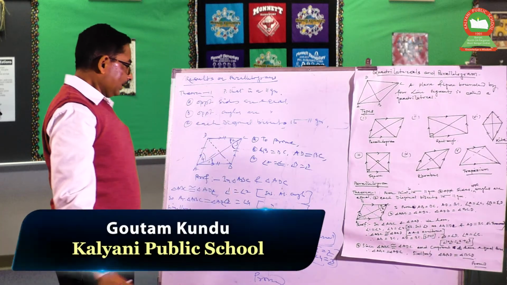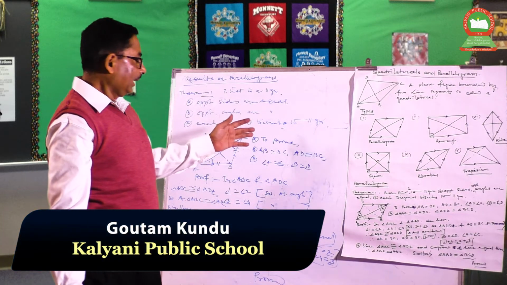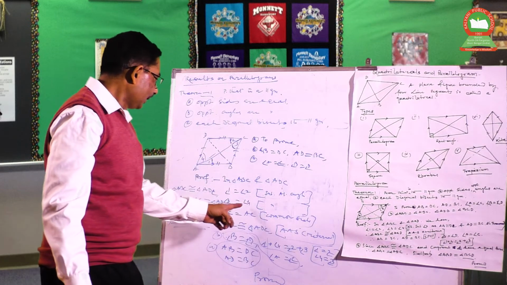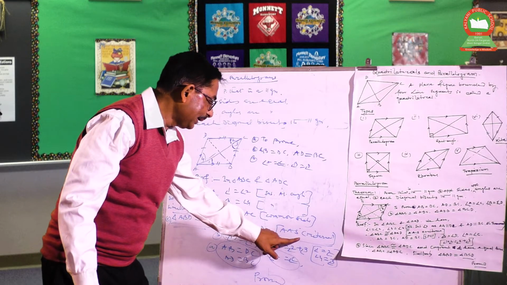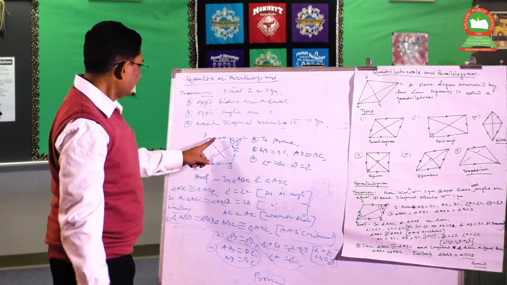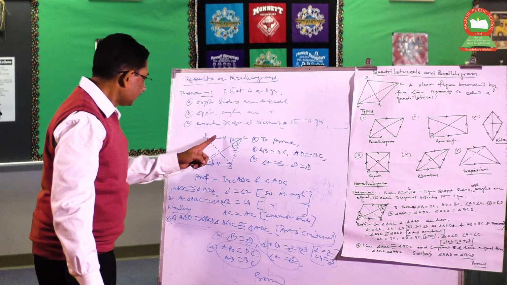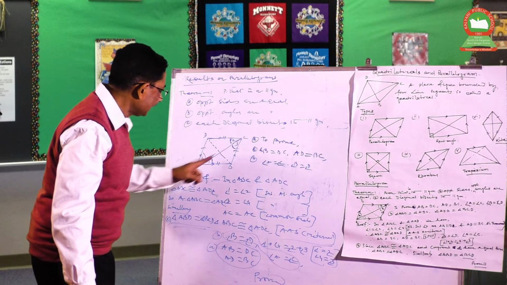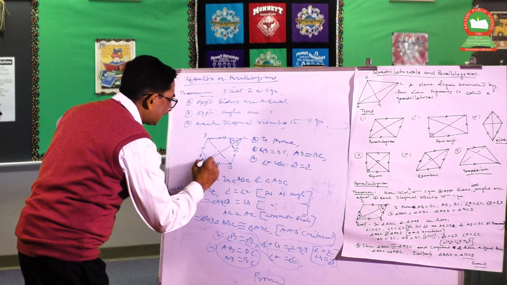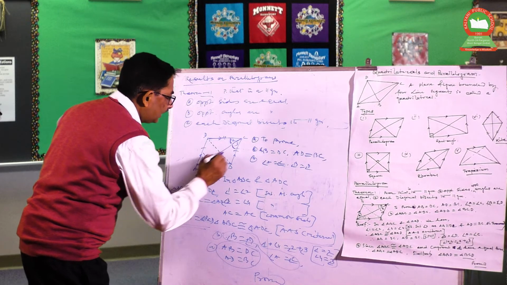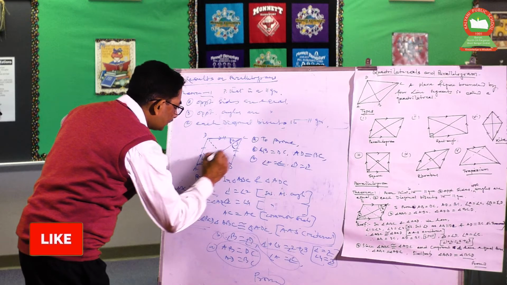So students, if you have any doubt over here, you can ask. I am using here the congruency property, the AAS criterion. Here I am concluding once again. In this triangle and this triangle, this side equals this side, and this angle equals this angle because this is parallel to this, and this is also parallel, this is a transversal.